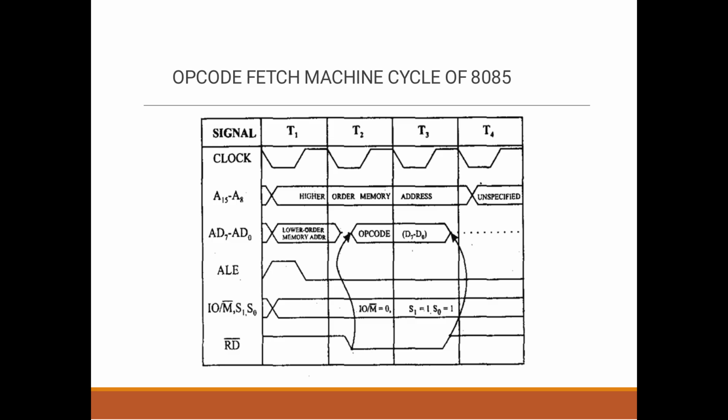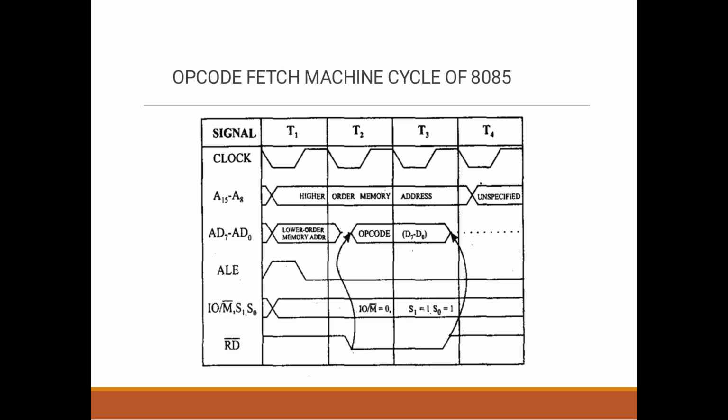And AD0 to AD7, this is the address data bus. Here in the T1 state it contains the lower order memory address, and in the T2 and T3 states it contains the opcode. Then ALE, address latch enable. It is active high in the T1 state, and in the remaining 3 states it is active low.